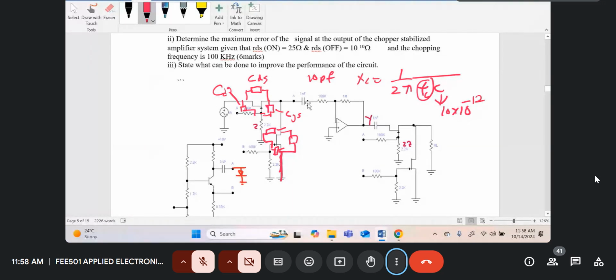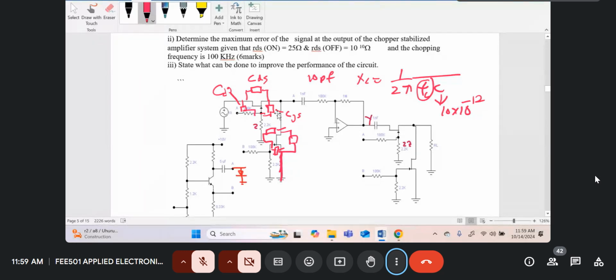you can also analyze this circuit this way. Supposing this modulator is not there, supposing the demodulator is not there, and the capacitance at the input is not there, the capacitance at the output is not there, means you just have your normal op-amp circuit.